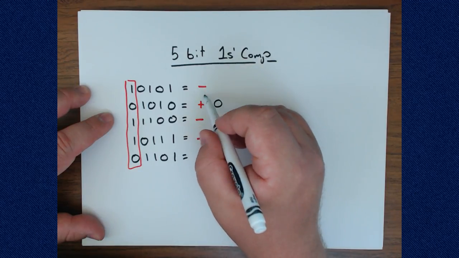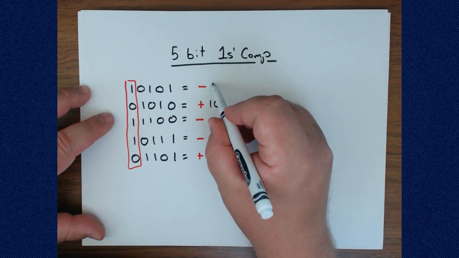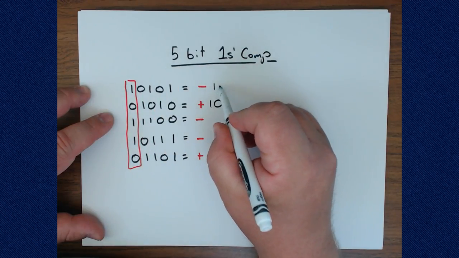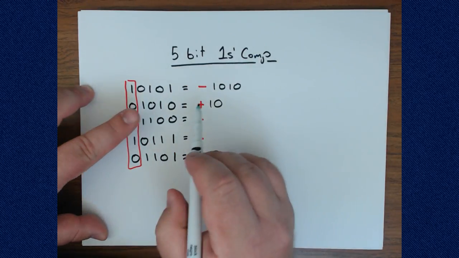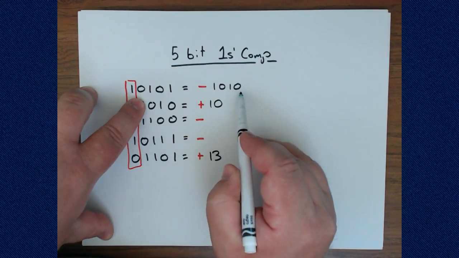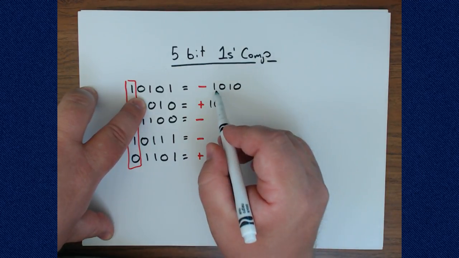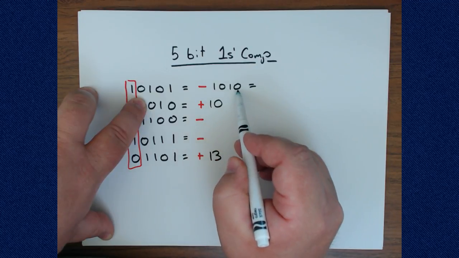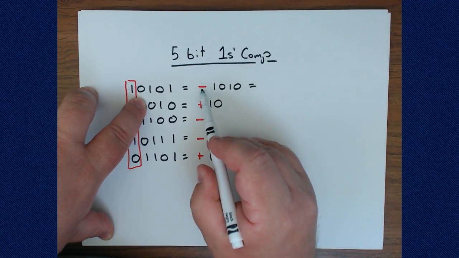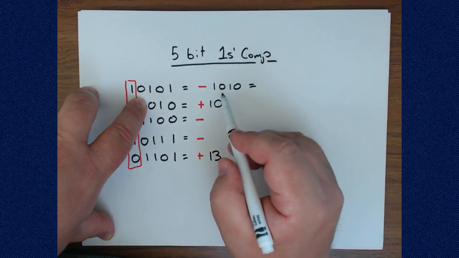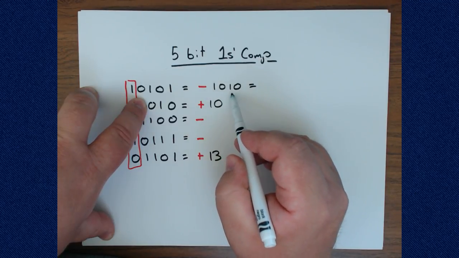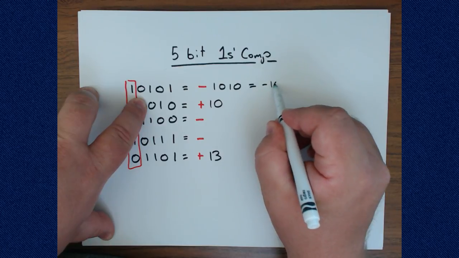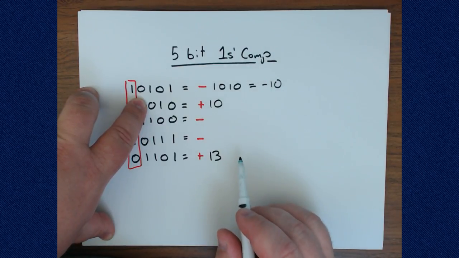So I'm going to say this is negative, and then I'm going to write a bit pattern as an unsigned value. That's me just flipping all these bits. So 1, 0, 1, 0. All I did was take these 4 bits and flip them. Now I can reinterpret this as an unsigned value to be the magnitude associated with this sign. So this is the 8-bit and the 2-bit, which is 10. That means this whole thing is negative 10. Right?